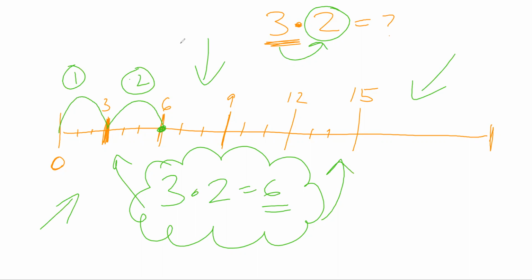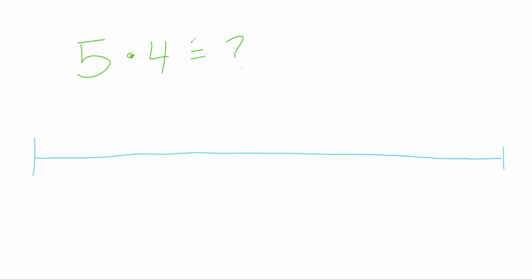So as always, let's tackle a second problem. Why don't we go with 5 times 4 this time equals question mark. So there's our equation. Now let me start step 1, build a number line. So I'm going to count out. I'm going to go by ones, but remember we're counting in groups of 5. So on the 5th time, I'm making a larger tick mark.